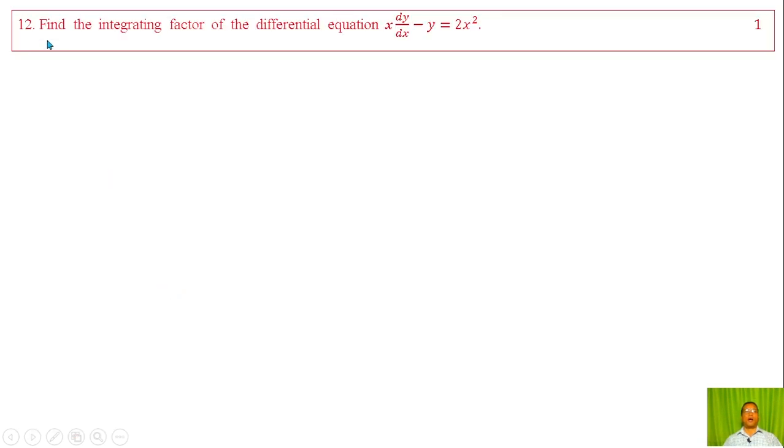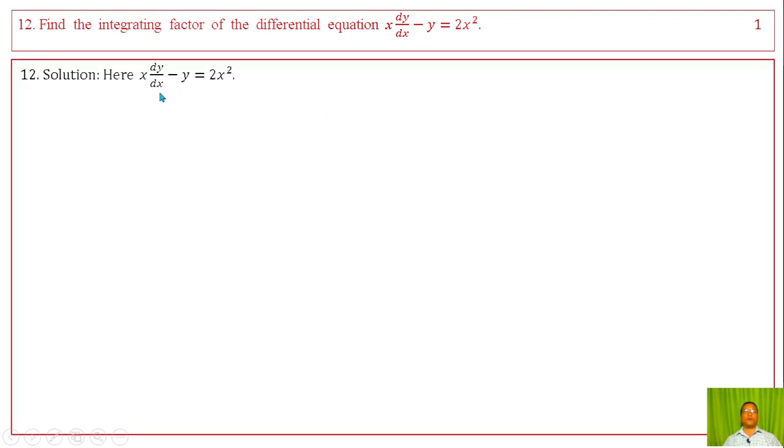For question number 12, find the integrating factor of the differential equation x times dy by dx minus y equal to twice x squared. For linear differential equations, we need the integrating factor. We write it in standard form, dy by dx plus p of y equal to q.